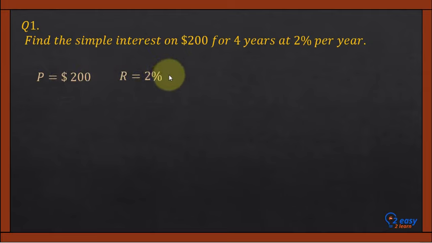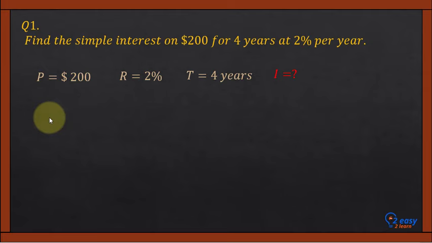R is the interest rate, 2%. T is the time period for which the amount is invested, and it is 4 years. And we have to calculate I, which is the profit, and we call it the interest.